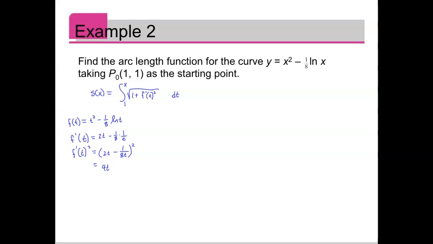So that's going to give me 4t squared minus 1/2 plus 1 over 64 t squared.